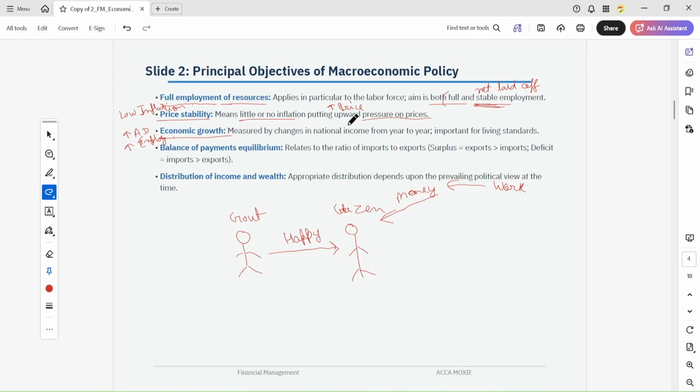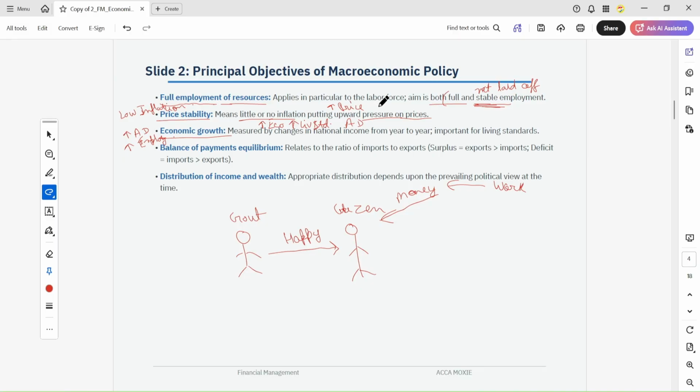National income is the aggregate demand, you can say, from year to year. When the economy grows, the living standard will grow, because you get the job, you get the money, so definitely your living standard will grow.